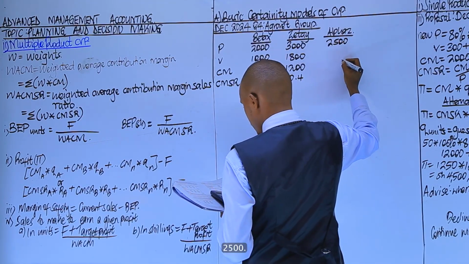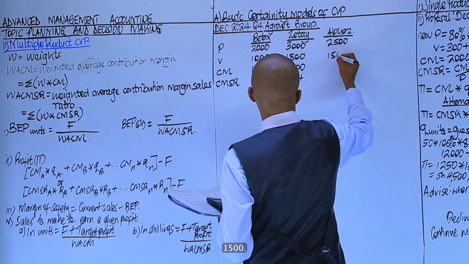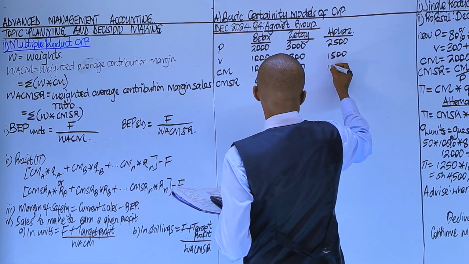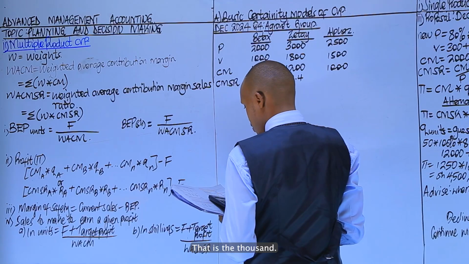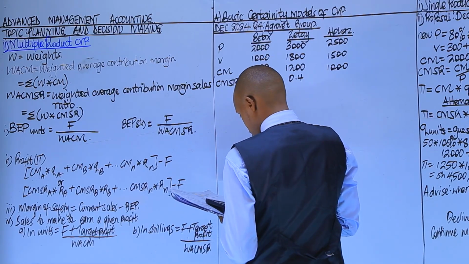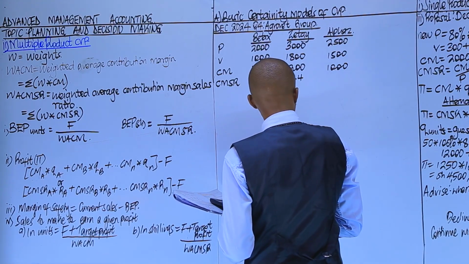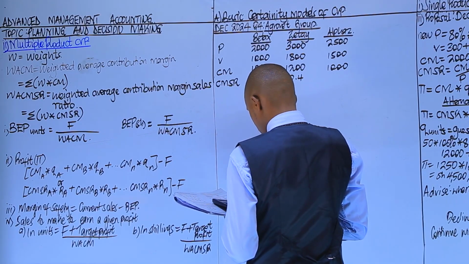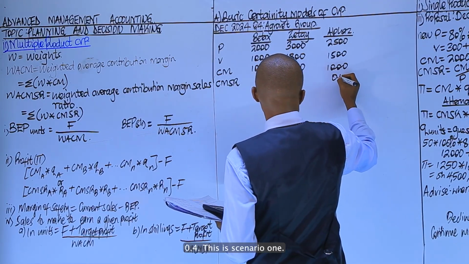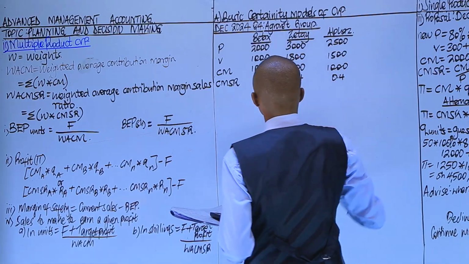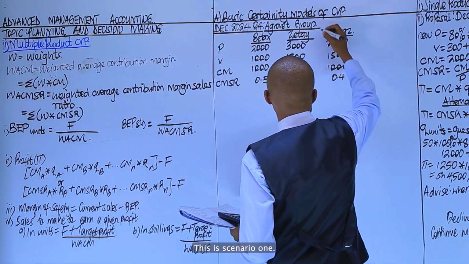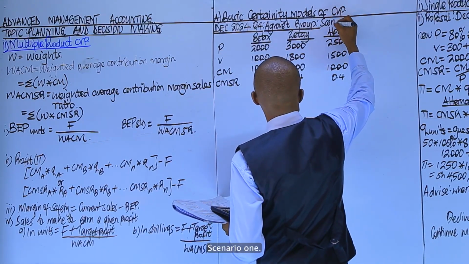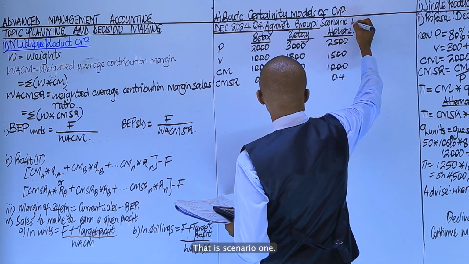Alphas: 2,500, 1,500. That is 1,000. 0.4. This is scenario 1.